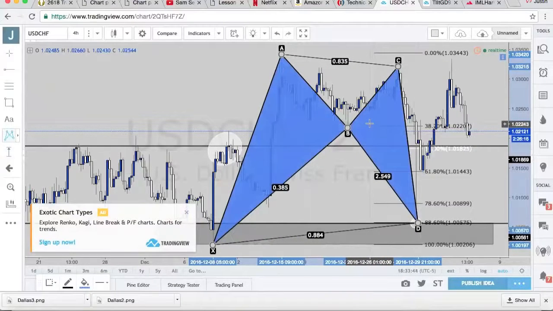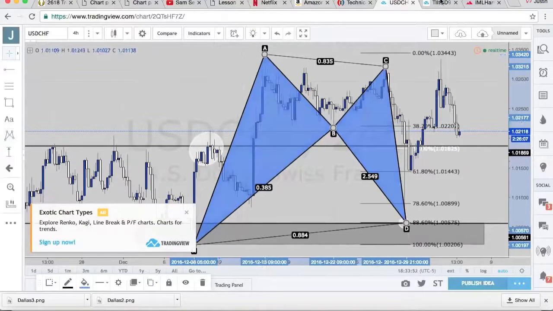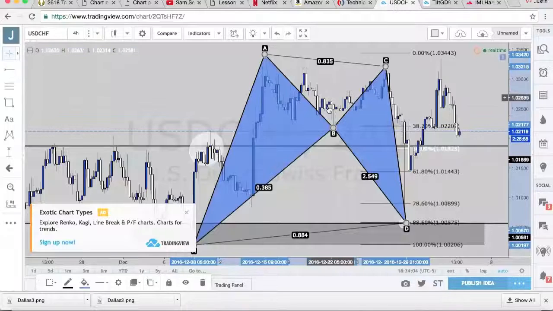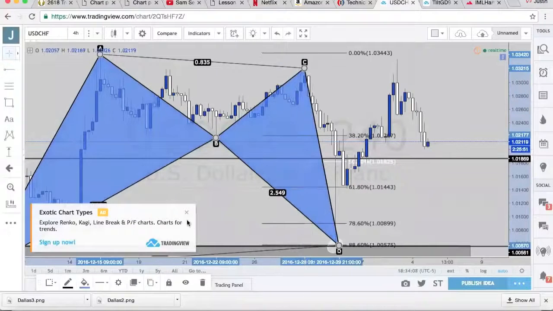A nice bullish bat pattern in a bullish market time frame, because we went to the daily time frame and looked, and it was a bullish market. So here, you can see the scanner called an entry exactly on the 88.6. So what you could do is, when price hit this level, I'd be looking for a retest to this zone on a lower time frame.